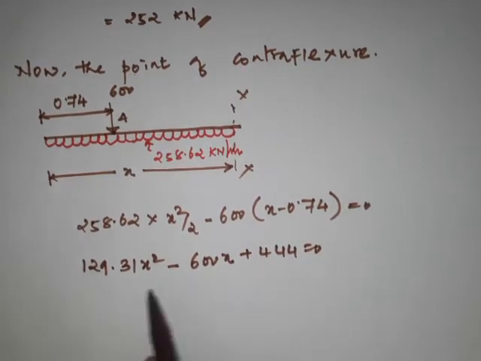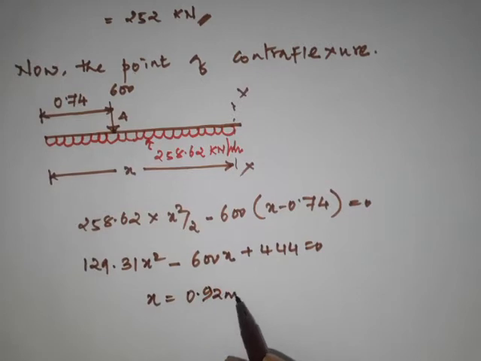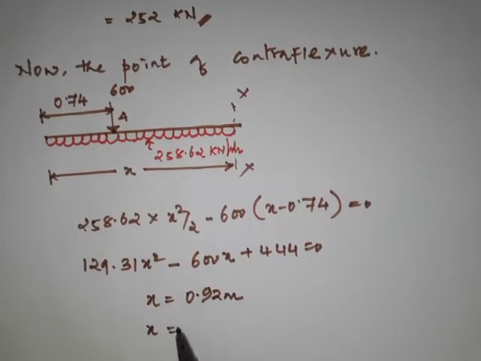After solving this, you will get the value of x as 0.92 meter and one more value, 3.71 meter.